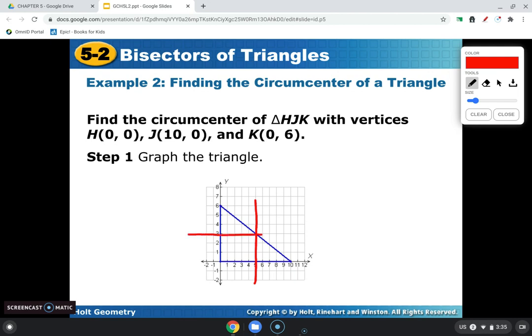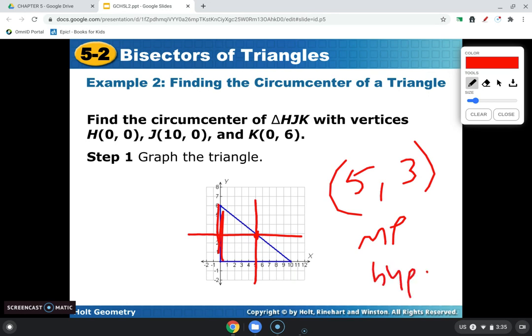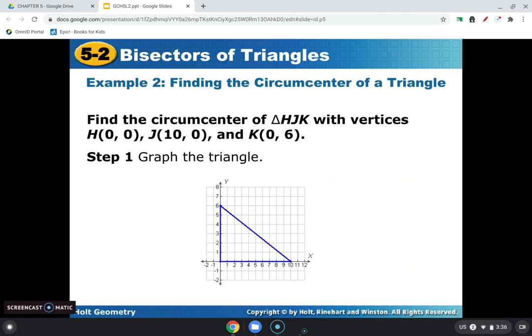This would be the perpendicular bisector of that line, and they cross at (5, 3). Whenever you're finding the circumcenter of a right triangle, it is always just the midpoint of the hypotenuse, and that should be on your note sheet, I think. If not, make sure you put it on there. Midpoint of the hypotenuse is the circumcenter of a right triangle.